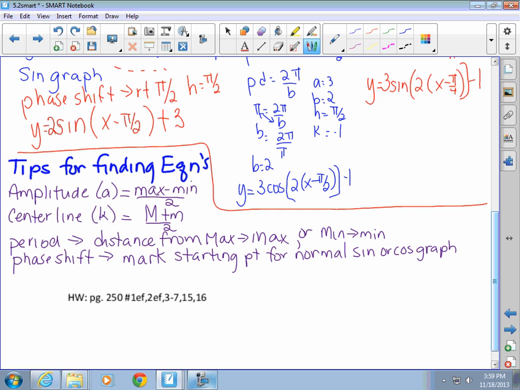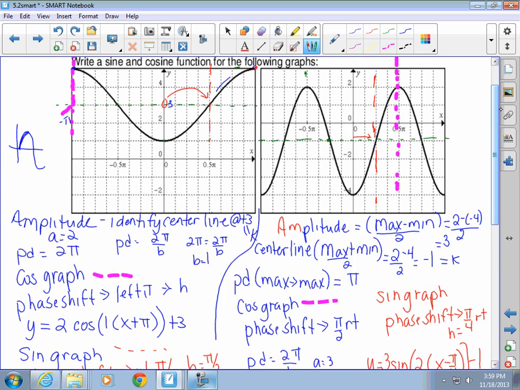So for this graph here, my normal starting point for a sine graph is 0, and that means that it has moved a pi over 2 distance. Normal starting point for a cos graph has to be up at the 1, or up anyway because the amplitude isn't 1, so that means that I went over a distance of half a pi.